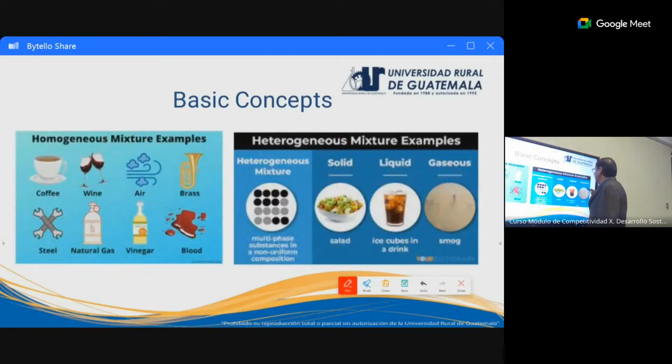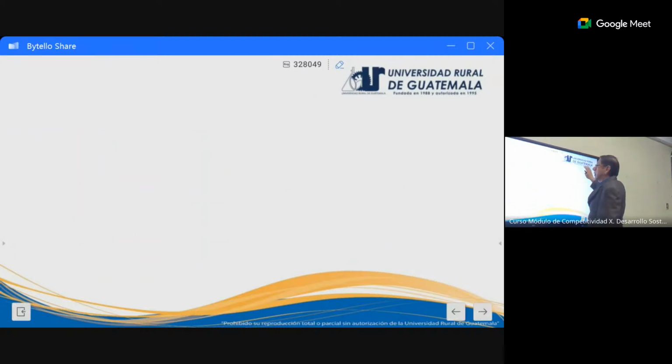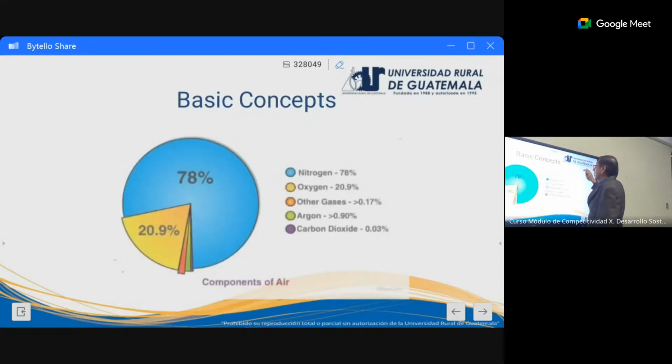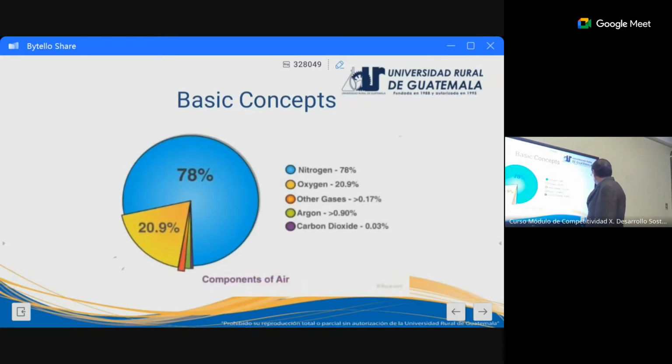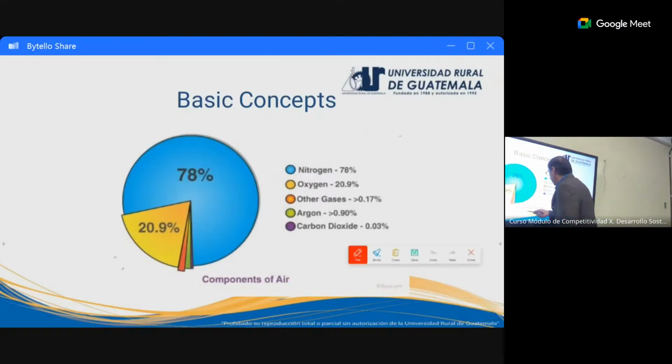But let's analyze more details about these types of mixtures, and let's check this mixture here. That is the air. I mean the components of the air. Let me turn on the fan first. Components of the air.